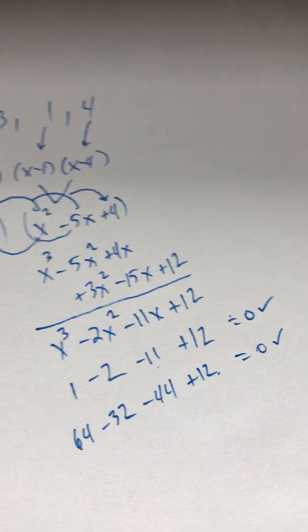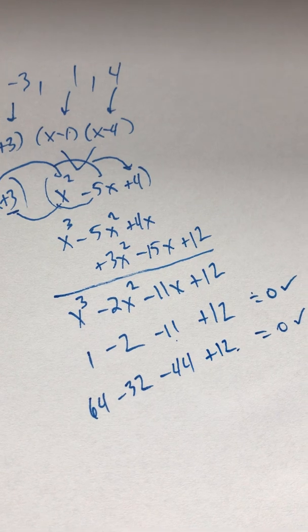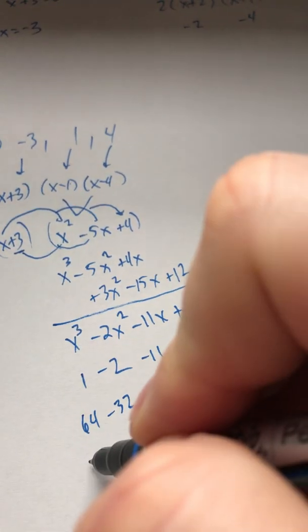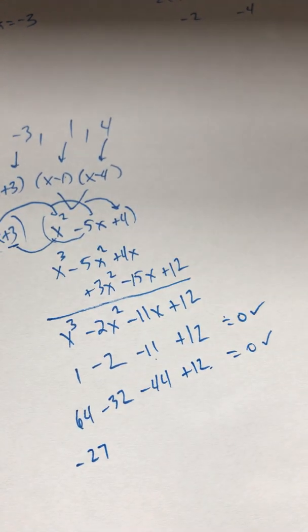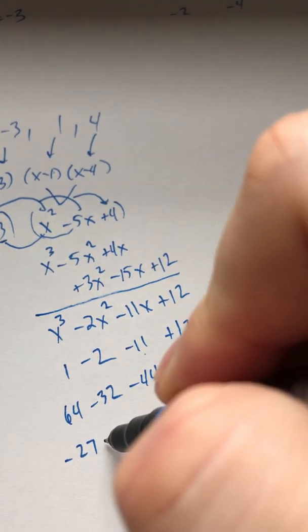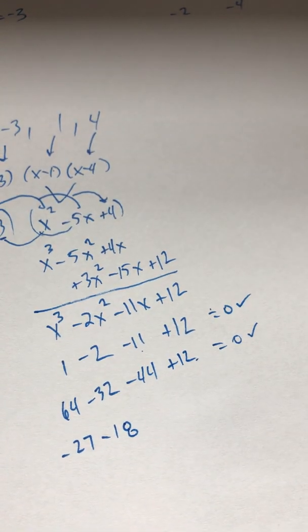And if I wanted to, I could try the negative 3 and it should work out as well. So if I do it, negative 3 cubed is negative 27. Negative 3 squared would be positive 9, so times negative 2, there's a minus 18.